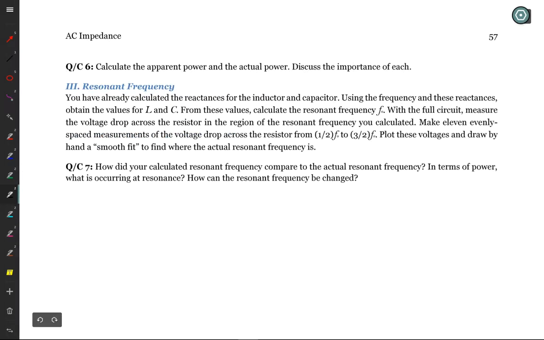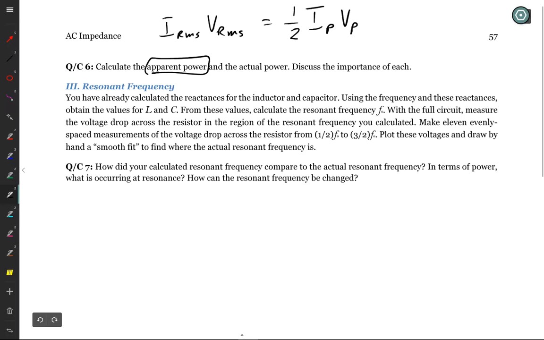Then you're calculating the apparent power and the actual power. The apparent power is I times V. Actually, if we want to be real cool about this, the correct thing for apparent power is I RMS V RMS, which is equal to 1/2 I peak V peak, or 1/2 R V R squared.